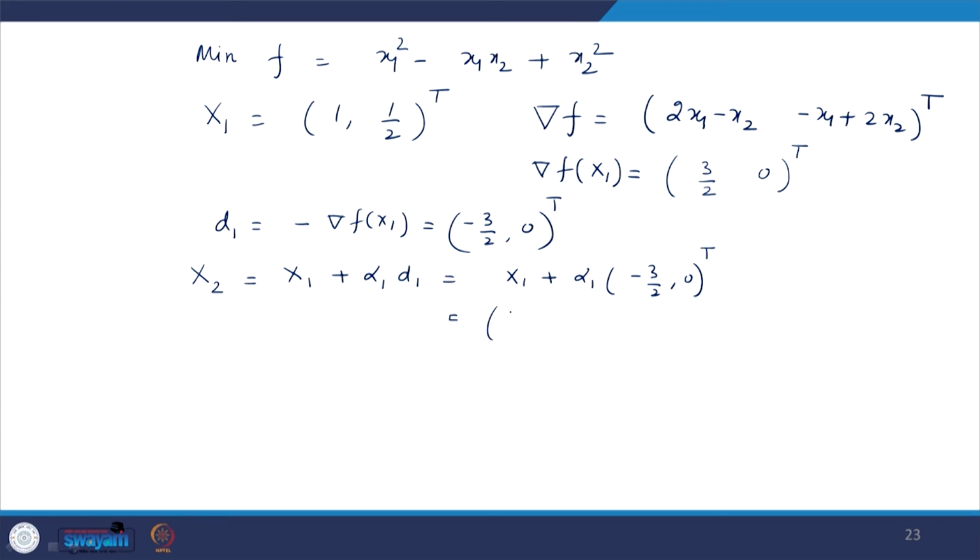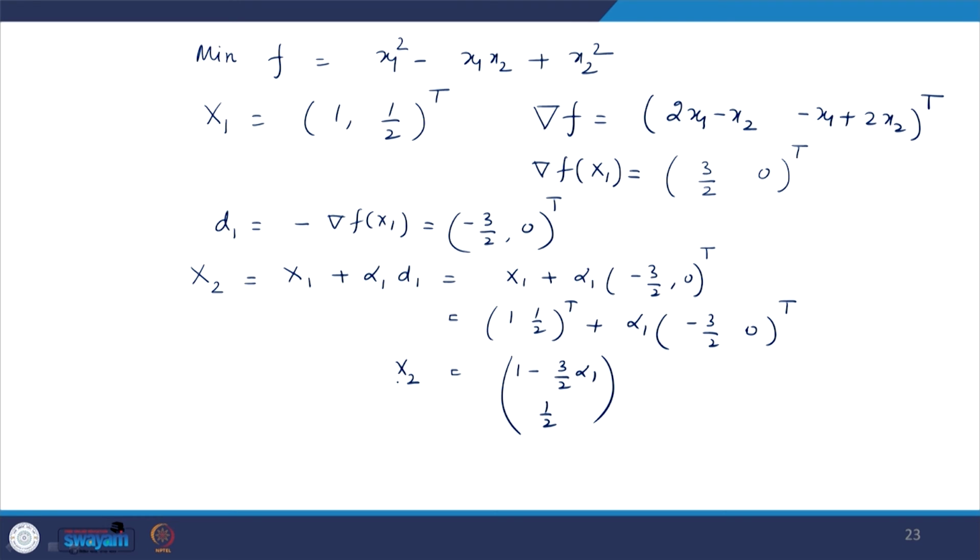What is x 1? x 1 is 1, 1 by 2 transpose plus alpha 1 times minus 3 by 2, 0 whole transpose. So, that will be 1 minus 3 by 2 alpha 1, and 1 by 2. That will be x 2.